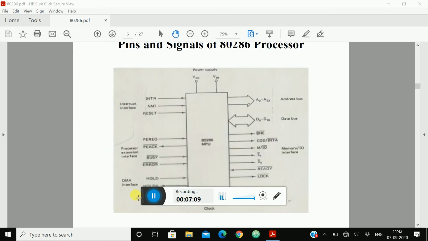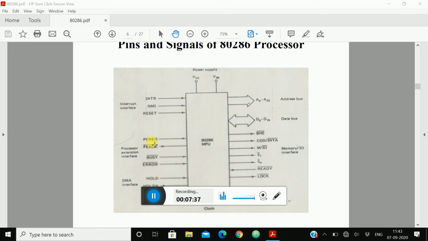When used to interface with processor extensions, there are 4 pins provided to interface the 80286 with a processor: PEREQ, PEACK, BUSY and ERROR. The full form of PEREQ is processor extension request, and PEACK is processor extension acknowledge.